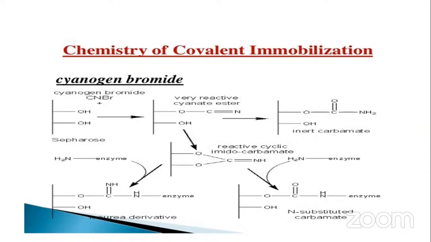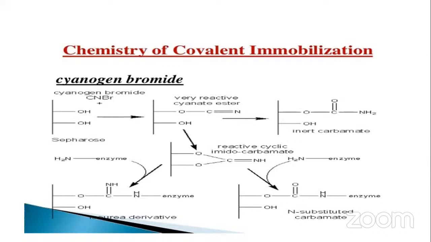If you take any polysaccharide like starch or cellulose or Sephadex or any one of these, they are all characterized by adjacent hydroxyl groups. In chemistry, these are called vicinal hydroxyl groups. If you take such a material and react it with a reagent called cyanogen bromide, which can be purchased but can also be made in the lab if you know a little bit of chemistry, that activates this resin.